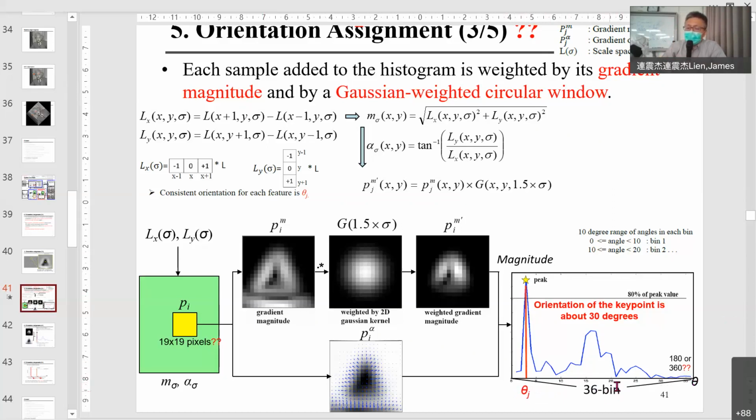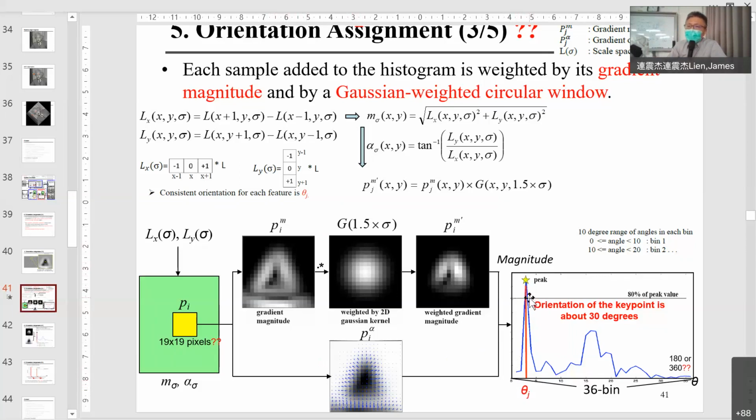So total is 36 bins. As I mentioned, over 0 degree to 10 degree, we sum over their magnitude. So that means for each corner, I can find the major angle.